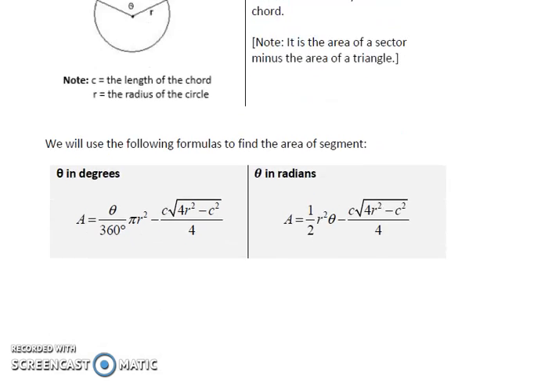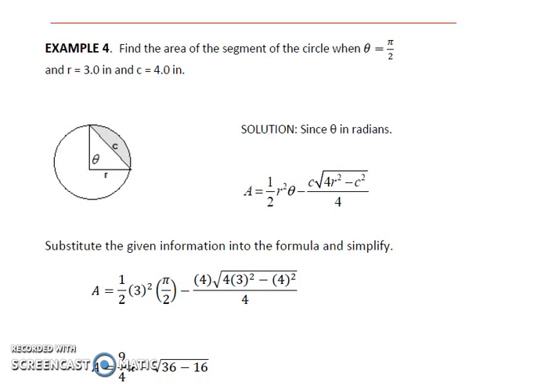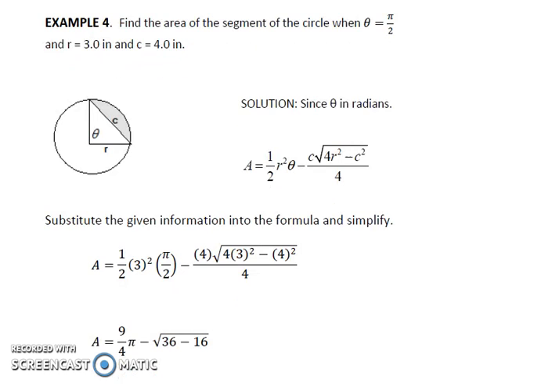Okay, let's see an example. Example 4. Find the area of the segment of the circle when theta equals pi over 2, radius is 3 inches, and c, the length of the chord, is 4 inches. Since they give us theta in radians, we'll use the formula for calculating the area of the segment given radians.